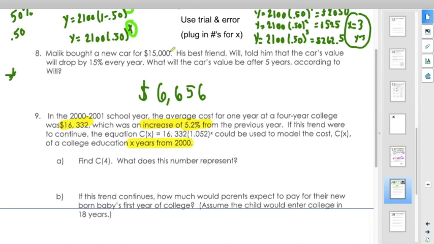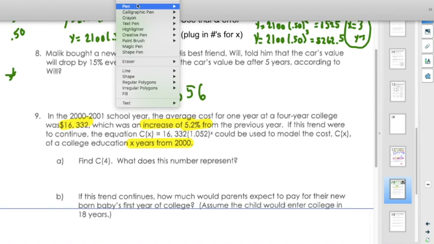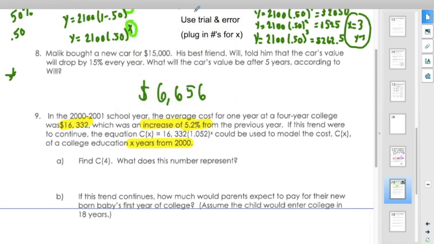Okay, sweet. Part A, find c of 4. So this is evaluating functions. What did I just replace x with? I replaced x with 4. So what am I going to do? I want to substitute in 4 for x.